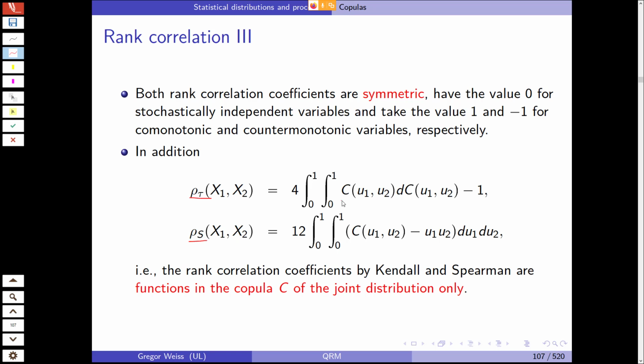In the copula C. So if you know the copula, you can already calculate Spearman's rho and Kendall's tau via this double integral. They are functions in the copula of the joint distribution only. No need to know the marginals. This is one difference to linear correlation.